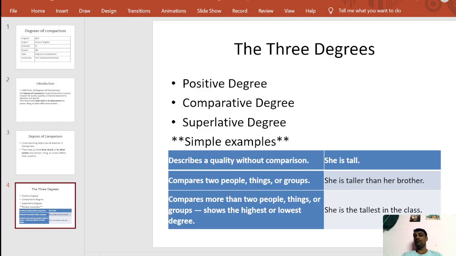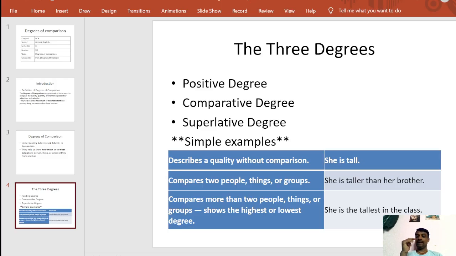So next, what is the comparative degree? The comparative degree compares two people, things, groups, quantities, qualities, or manners, right? In a comparison, there will be a minimum of two. For example, you can see there, "She is tall," and that is a positive degree.